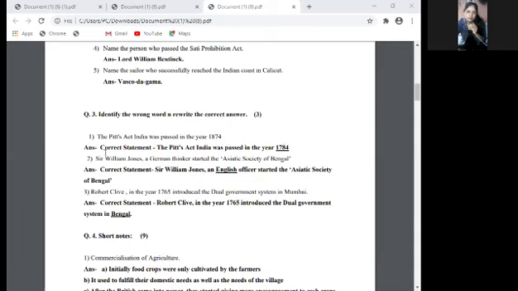So you write this way: correct statement. The Pitt's India Act was passed in the year 1784, not 1874. Then the second one, instead of German thinker, there was an English officer. Then the third answer, Robert Clive started the dual government in Bengal, not in Mumbai. All right.